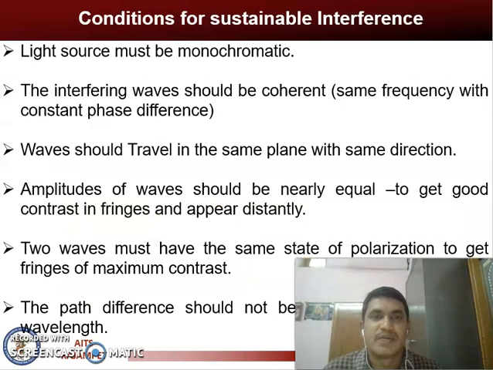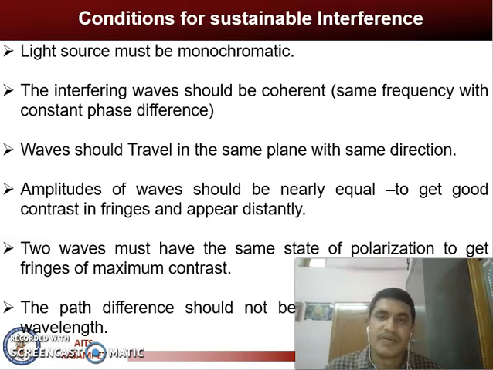Conditions for sustained interference. These are the conditions. First, the light source must be monochromatic. Another one is that the interfering waves should be coherent, which means the same frequency with a constant phase difference.